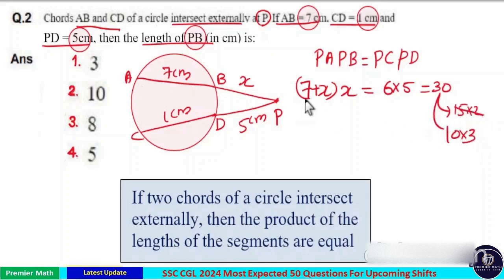But 15 into 2 cannot be written as (7 plus X) into X. But 10 into 3 can be written as (7 plus 3) into 3. Now you can see here X is equal to 3. So your answer is option.